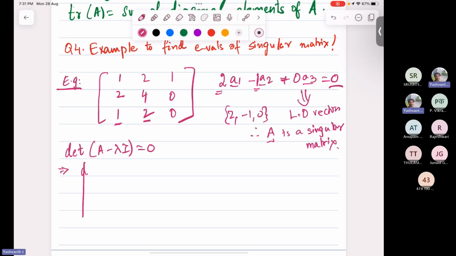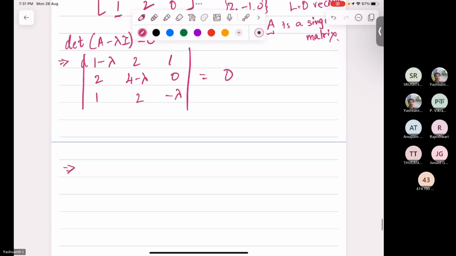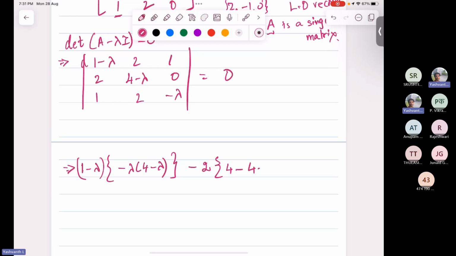Let's just write that. 1 minus lambda into minus lambda into 4 minus lambda, minus 2 into 4 minus 4 plus lambda, plus 1 into 4.